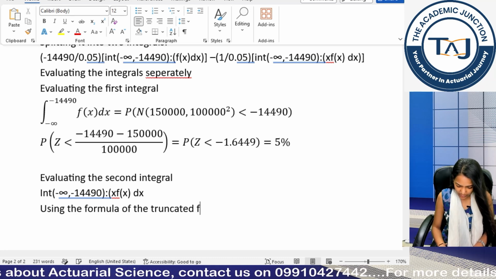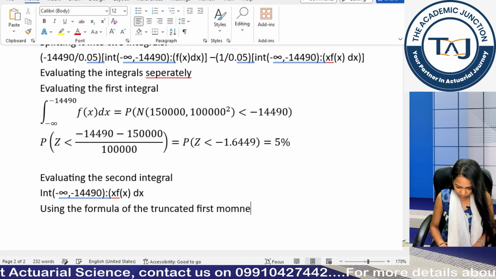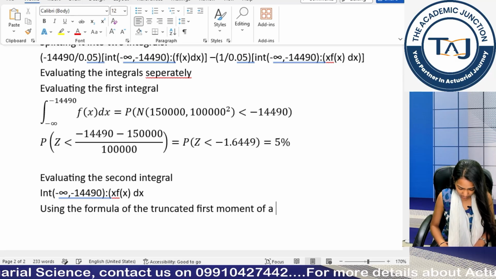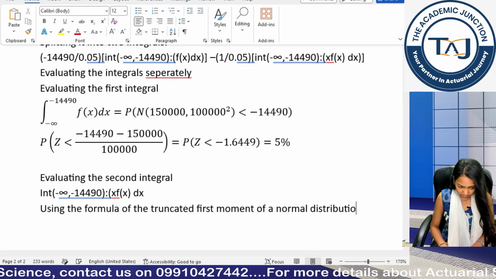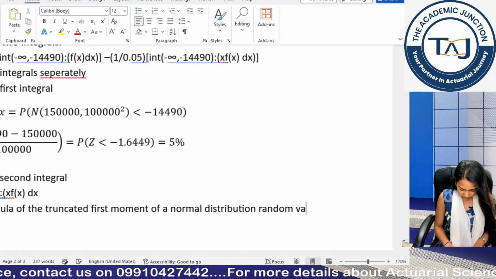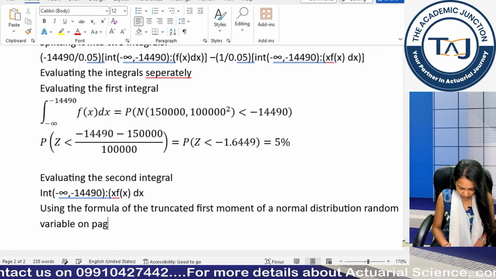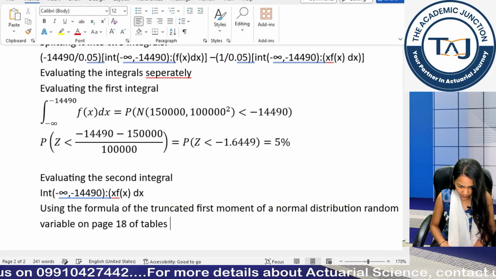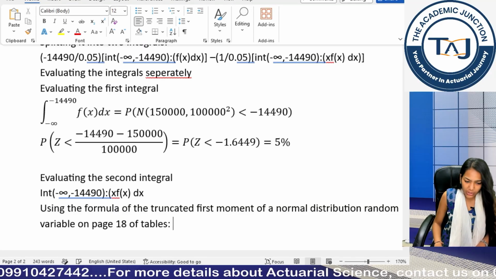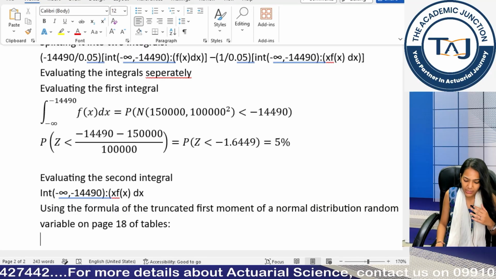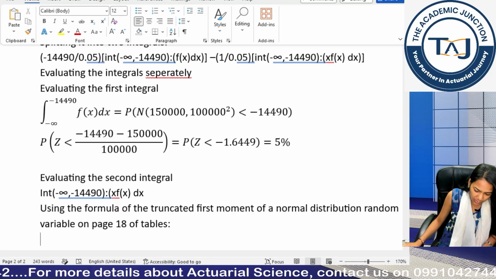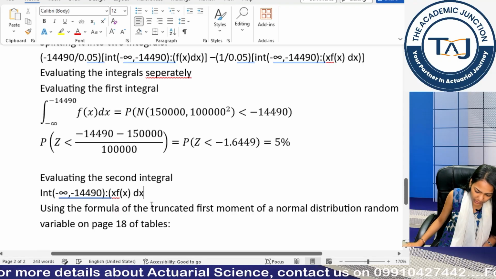This is the truncated normal distribution, first movement of a normal distribution random variable on page 18 of tables. I am writing according to the previous edition of the tables book. You can write it according to the newer version. Okay, I missed a bracket here. Look.